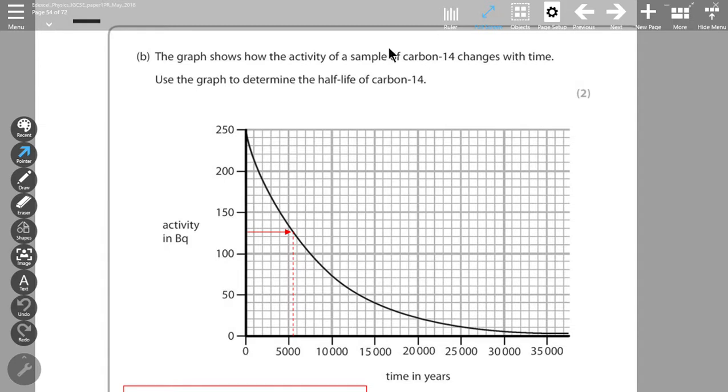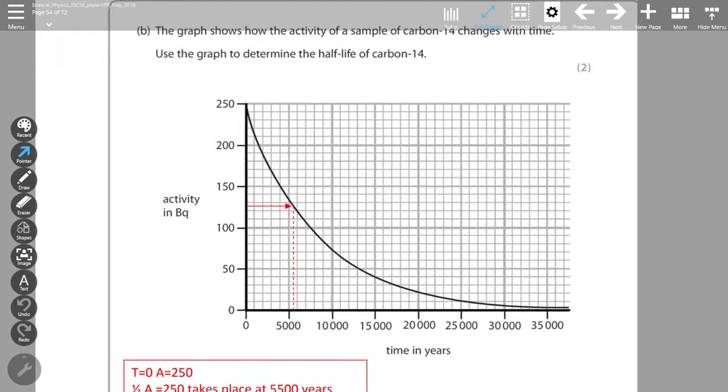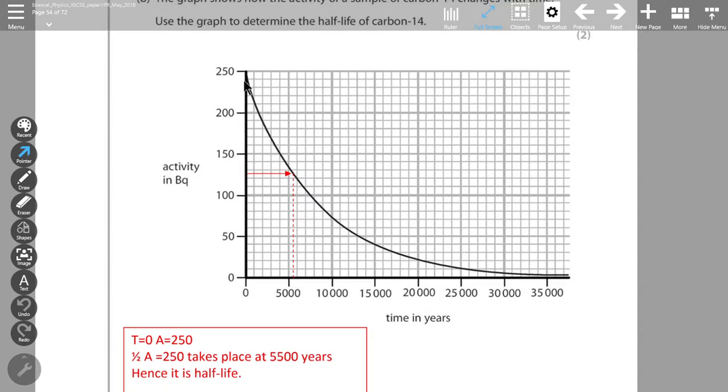The graph shows how the activity of the sample of carbon-14 changes with time. Use the graph to determine the half-life of carbon-14. So I took the maximum value, 250. I know that during a half-life it should decrease by 2, so it becomes 125. So I go to the graph and find this point.